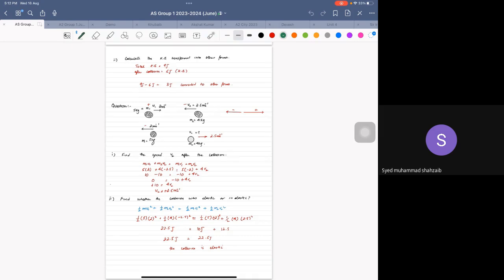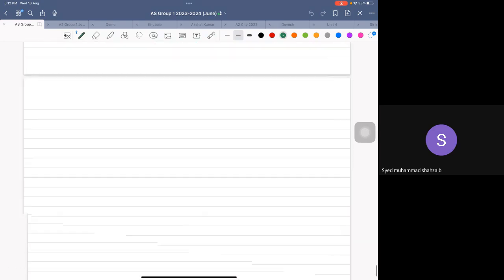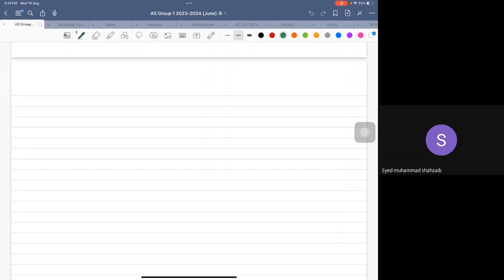Today we will be going through another way to check if something is an elastic or inelastic collision.